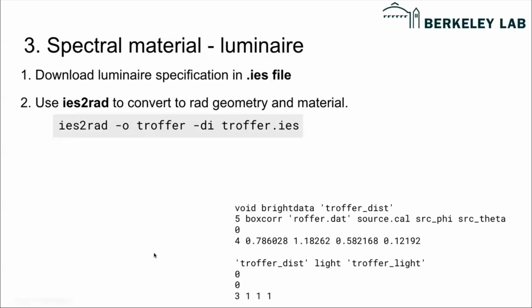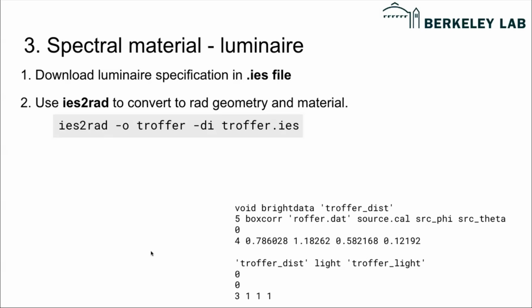Then to build the luminaire, you download your IES file from whichever manufacturer you like, and then you use the ies2rad function to convert the IES to Radiance primitive geometry and material.